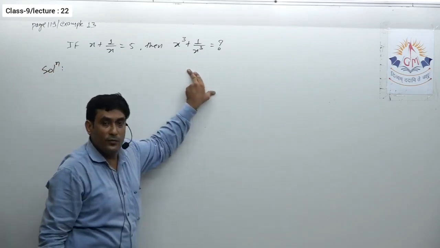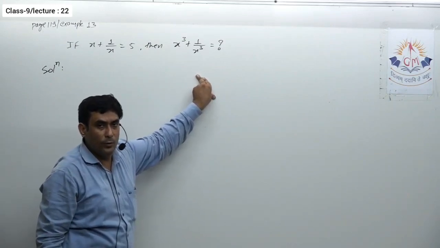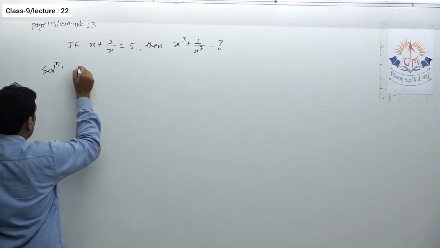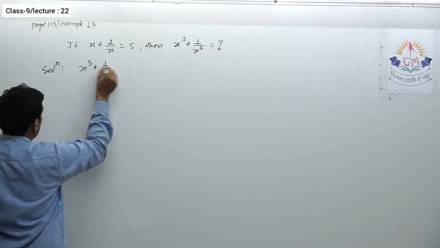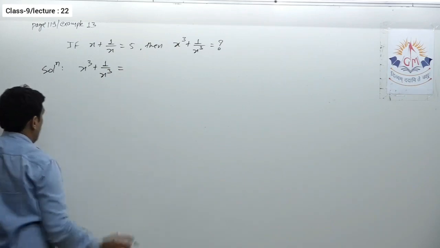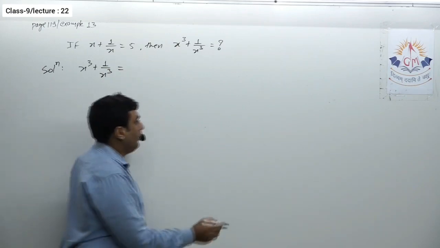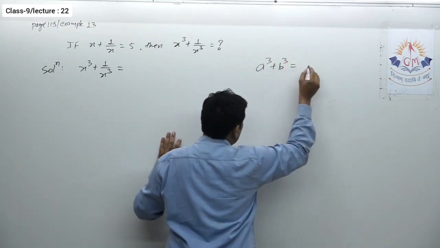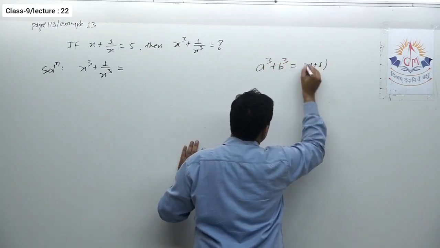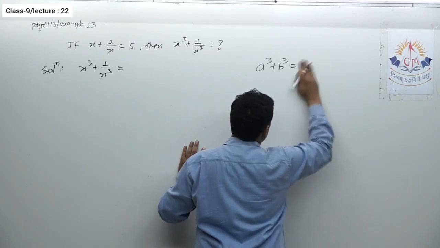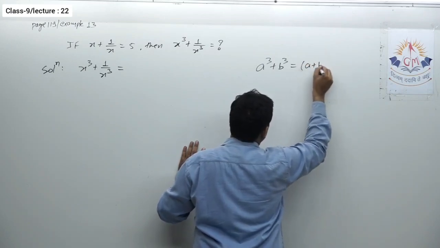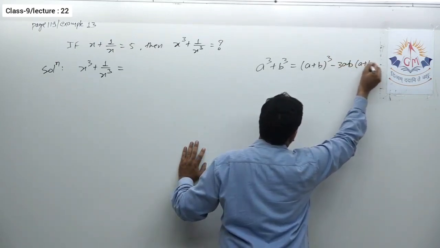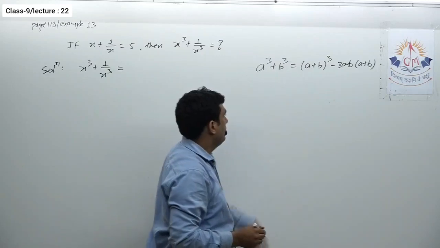Here again we have to find the value of a cube plus b cube. Actually, x cube plus 1 upon x cube is a cube plus b cube. First of all you must know the identity: a cube plus b cube is equal to a plus b whole cube minus 3ab into a plus b.